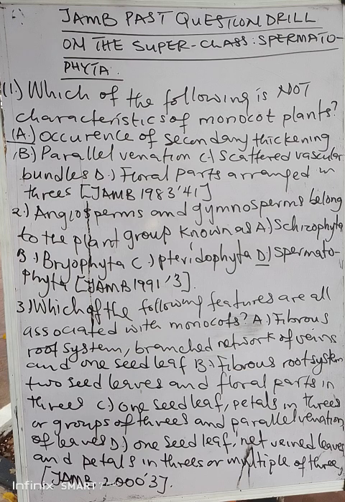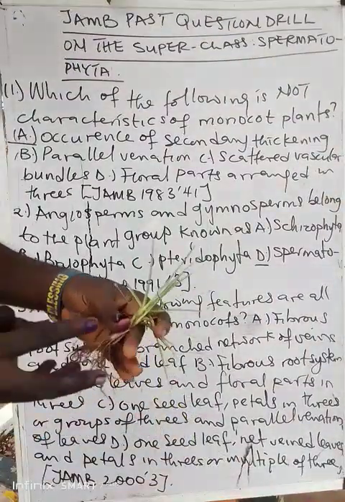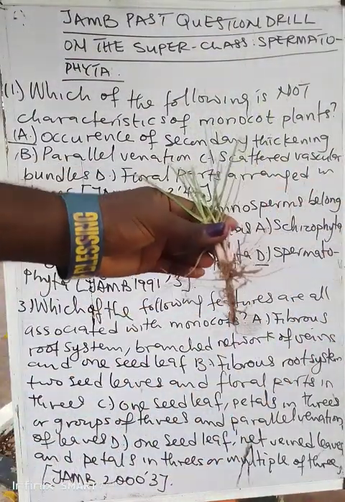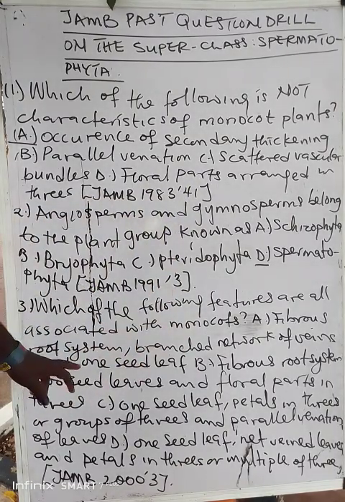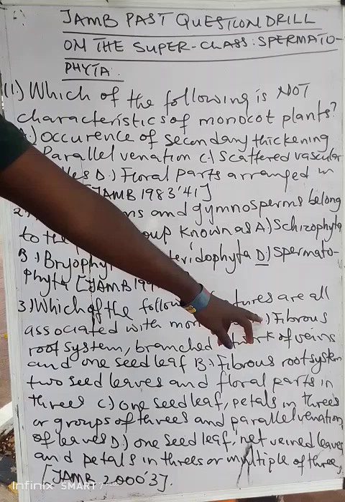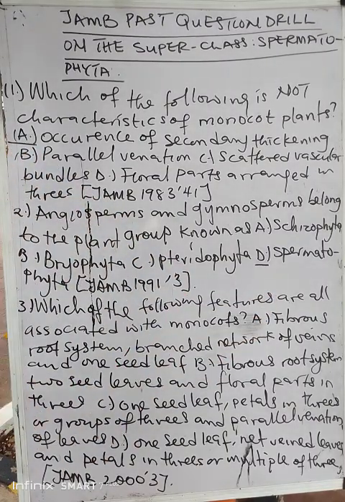Number 3, which of the following features are all associated with monocot? A. Fibrous root system. Do they have a fibrous root system? Yes, monocot, look at their root. Fibrous. Yes. Branch network vein. Do they have branch network vein or parallel vein? It's parallel vein they have. They don't have branch network vein, so that's disqualifying that option.